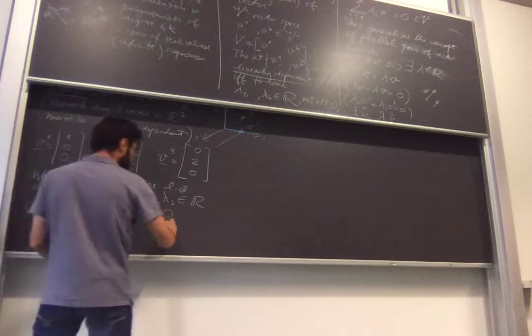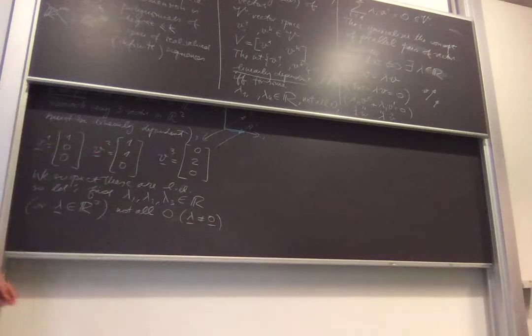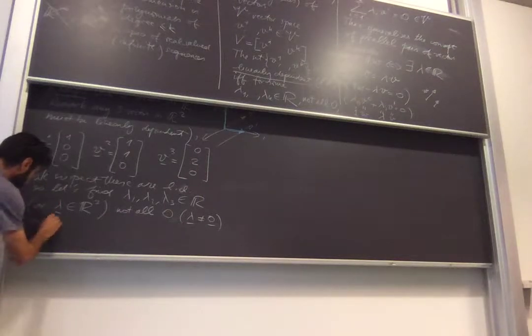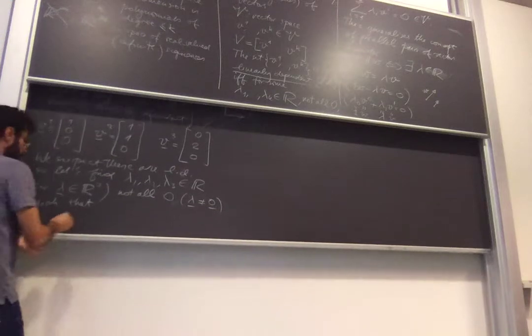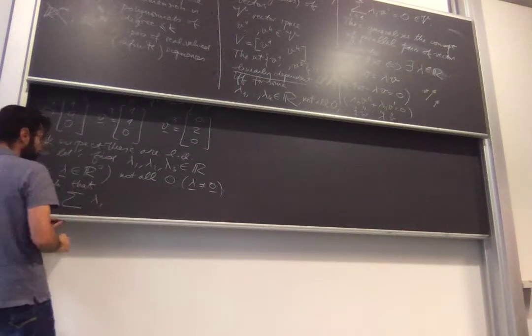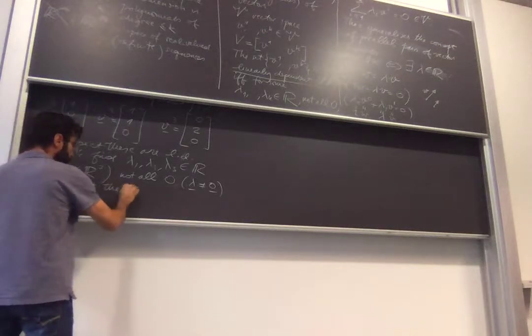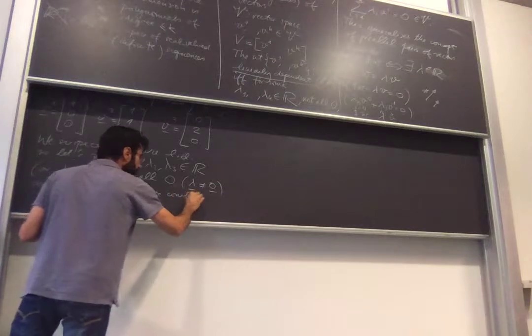See, that's why vector notation is useful, because you can say something very quickly. So lambda in R3 and lambda non-zero, such that the summation of this linear combination.